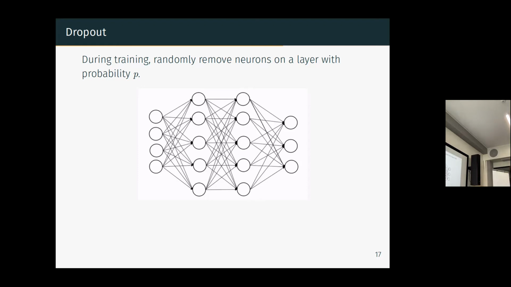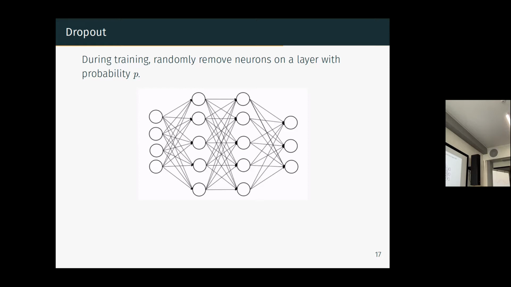A way of regularizing your training is dropout. The concept of dropout is that during your training, you randomly remove some neurons on a layer. So you don't train for each epoch the same neural net; you have a slightly different one.